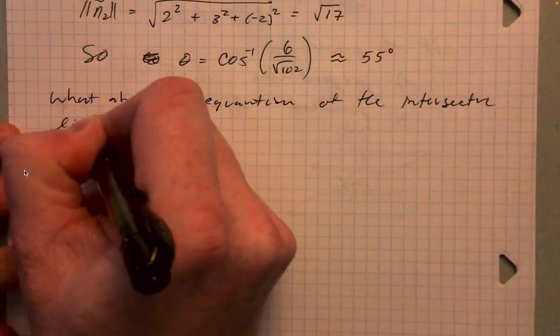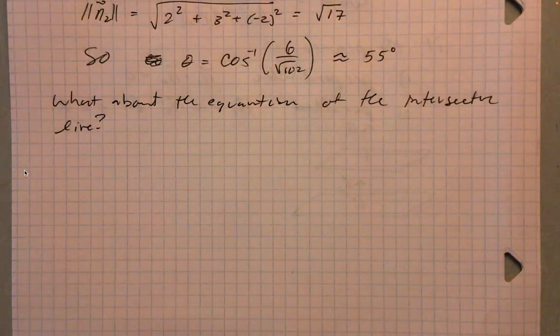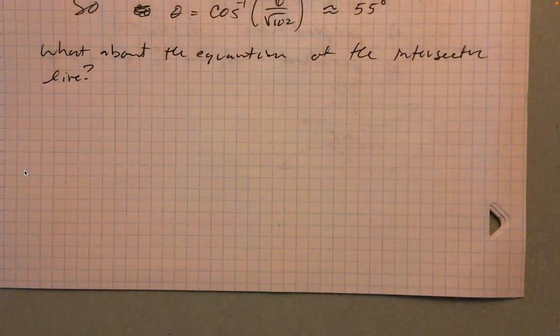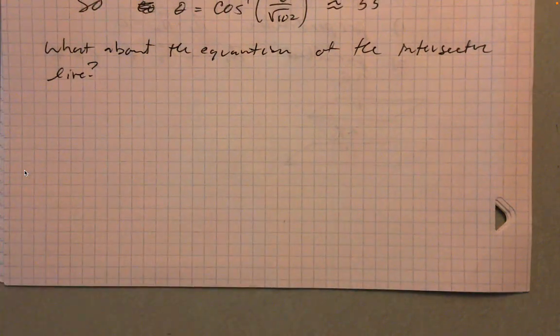Well, you know from just regular two-dimensional algebra that if you want to know the point where two lines intersect, you have to set the equations equal to each other to solve them simultaneously, basically, right? And so it's going to be similar here. You've got the equations of the planes. You're going to have to somehow solve them simultaneously.